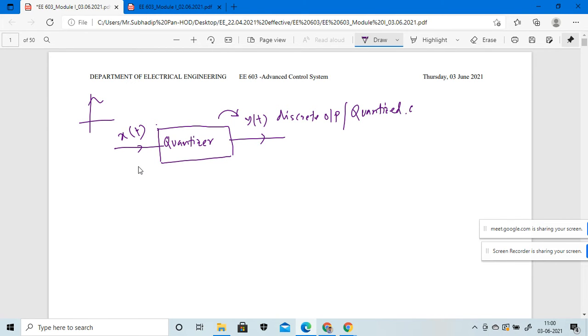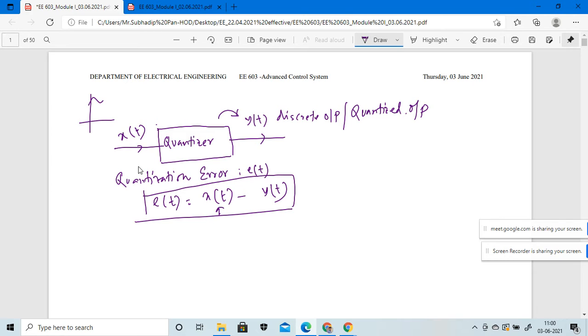My quantization error is defined as e(t), which is nothing but my input signal x(t) minus y(t).